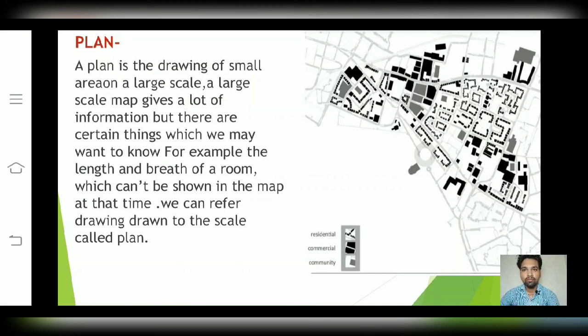We see in the figure that length and breadth are not given, but we are able to understand which type of residential area or which place is situated at the appropriate place.